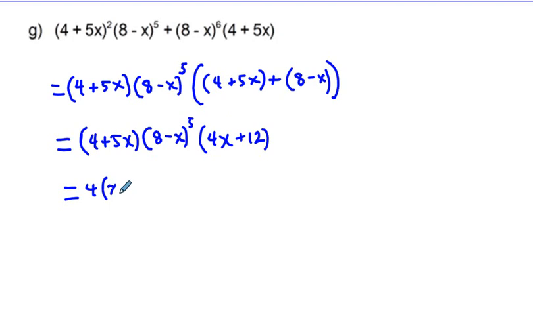We'll have 4 times quantity x plus 3, times quantity 4 plus 5x, times quantity 8 minus x to the 5th power. And we can even do different things than that too, but we're just going to leave it here.